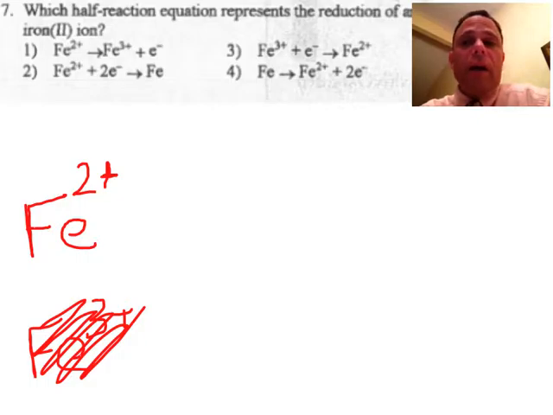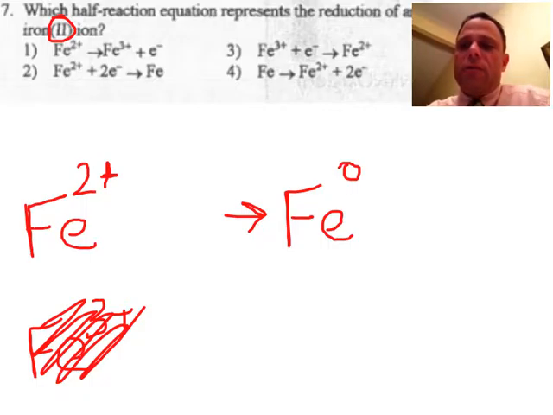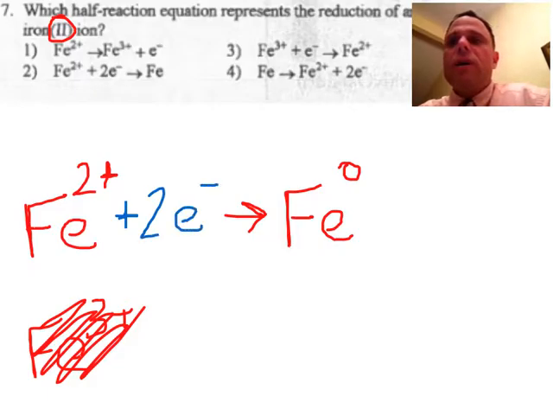We're talking about the iron 2 ion. And the reduction. The reduction means that it must be going down. The charge must be going down to 0. And how do we get to 0? We have a positive charge. We must be acquiring a negative charge. How many? Well, 2 in fact. 2 electrons.